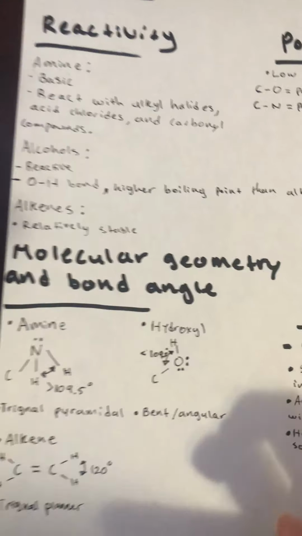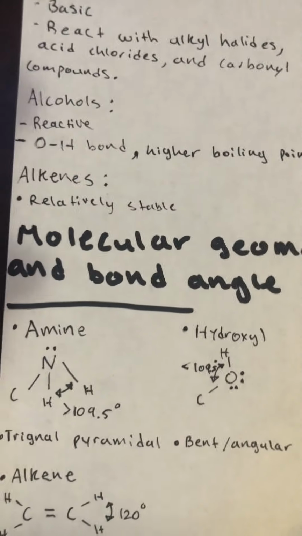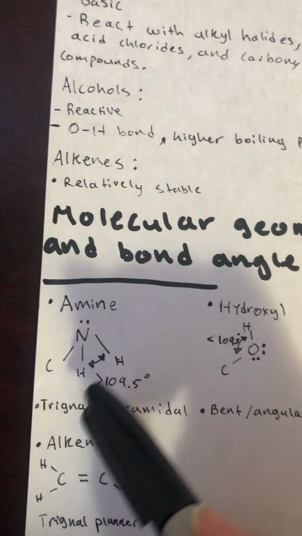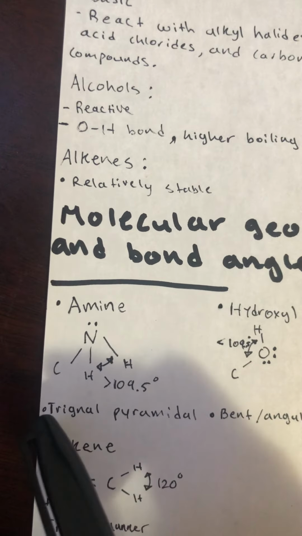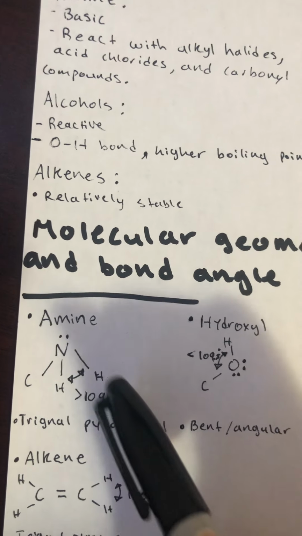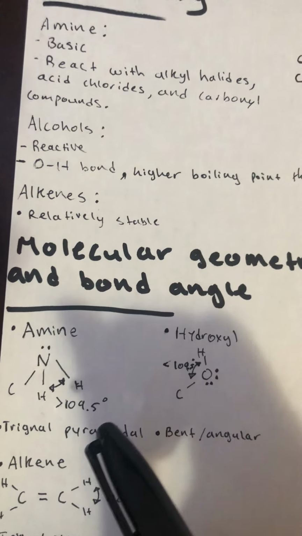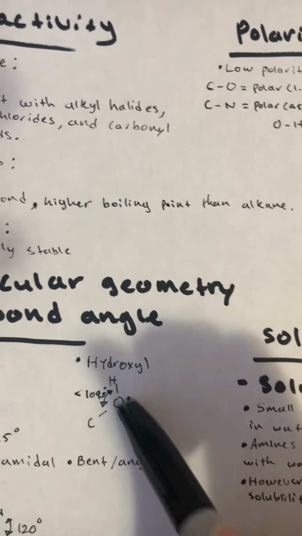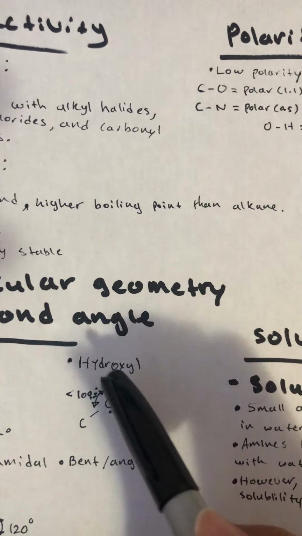For the molecular geometry, the amine group here is a nitrogen bonded to a carbon and two hydrogens, and is trigonal pyramidal and has a bond angle of less than 109.5 degrees. The hydroxyl group has an oxygen bonded to a carbon and a hydrogen.